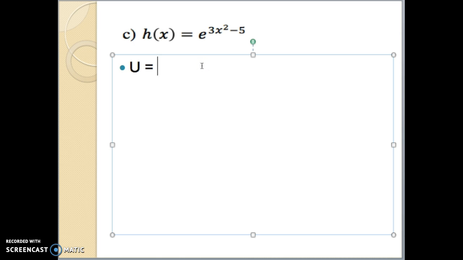Now, the next question that people usually ask me is, how do you know what u is supposed to be? Well, there's a little bit of a guideline. So suppose that I just wrote it as 3x squared. Then I would have that h of u is equal to e raised to the u minus 5.